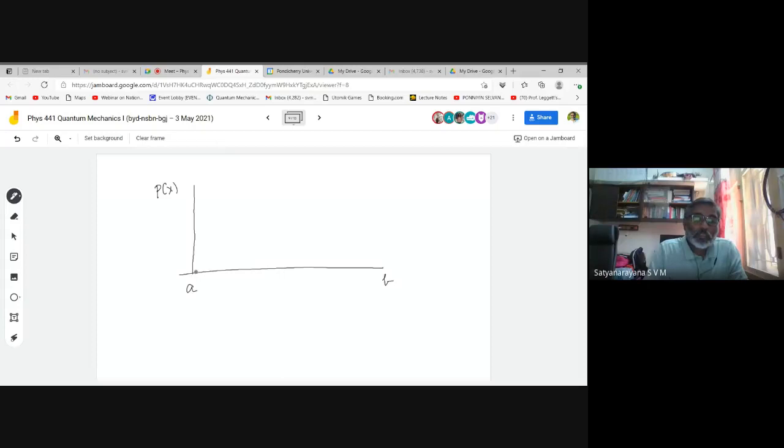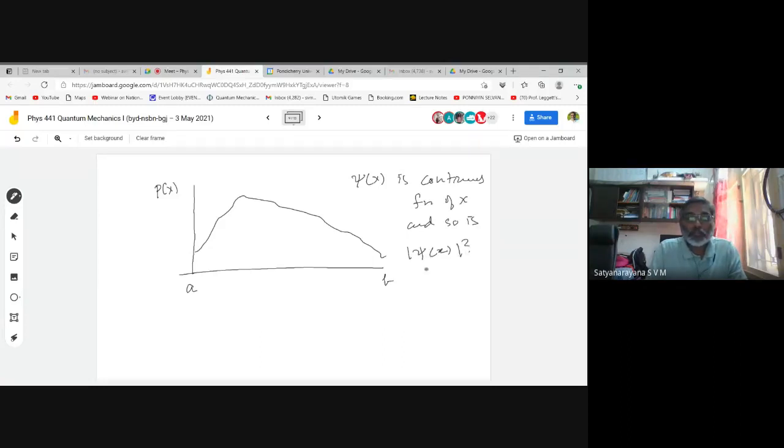This probability of x can be a continuous function like this, because psi of x is a continuous function of x, and so is mod psi of x squared.